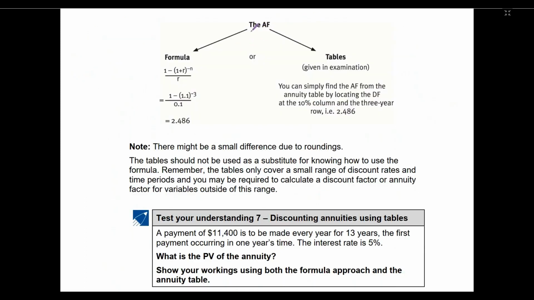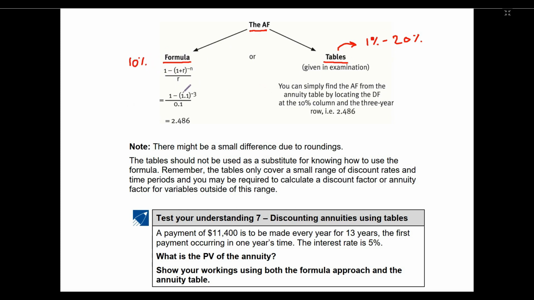Okay, so now we know that to calculate the annuity factor we have two approaches. The first approach is we can use the formula, and we can also use tables, but these tables cover only a small range of discount factors. To calculate using the formula, let's say in this example we are using the discount rate of 10%.